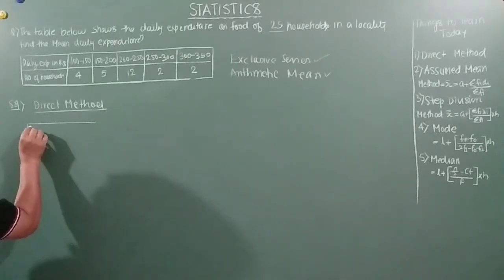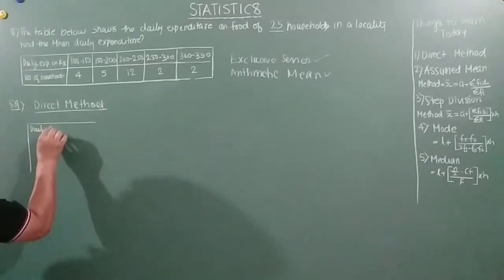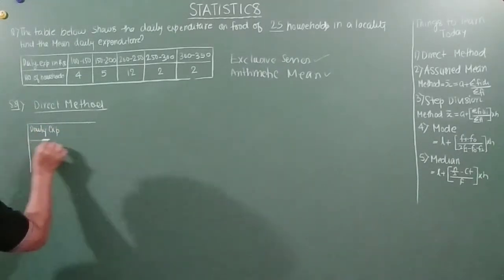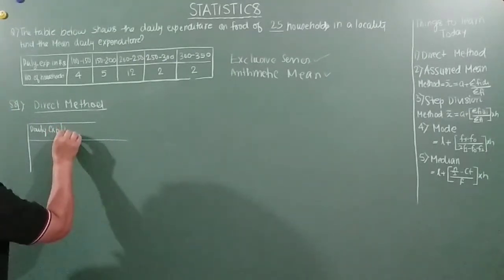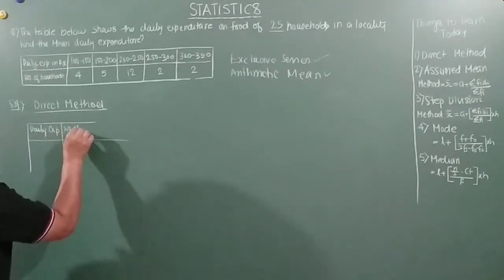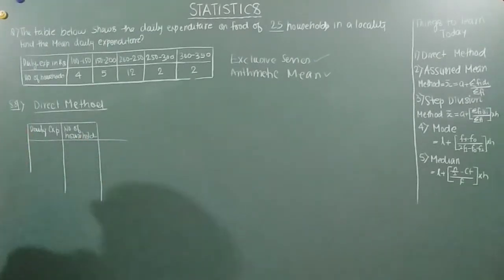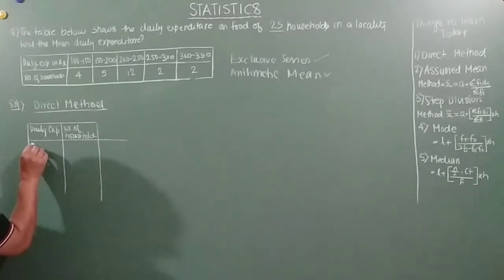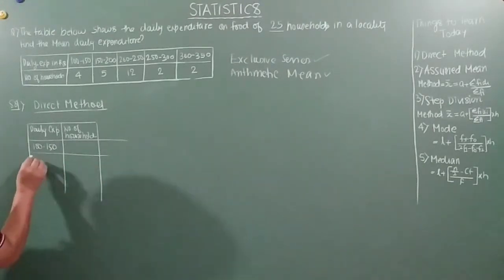This is daily expense, and this is number of households, my second column. The entries are 100 to 150 with frequency 20, then 150 to 200.